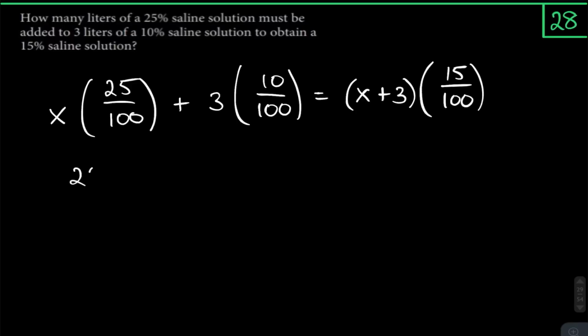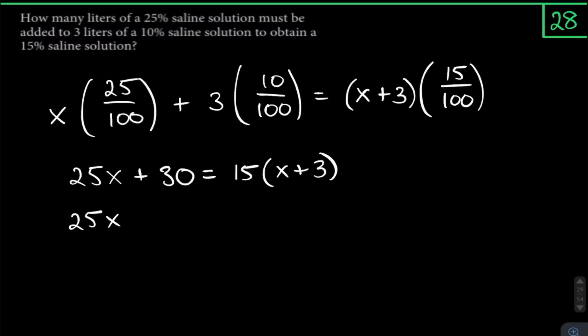We could write this as 25x plus 3 times 10, 30, equals the 15 times x plus 3. We can just get rid of those over 100s because they're everywhere. So now we have 25x plus 30 is equal to the 15x plus 45. We just distribute that 15 through.